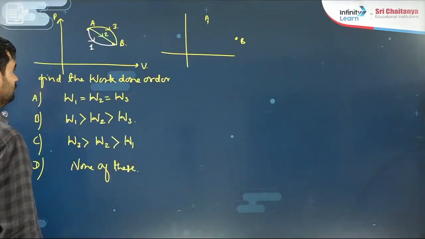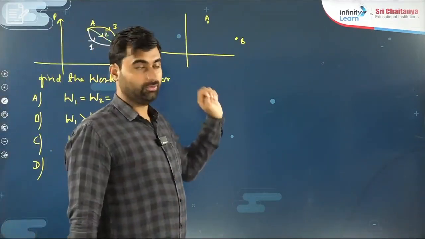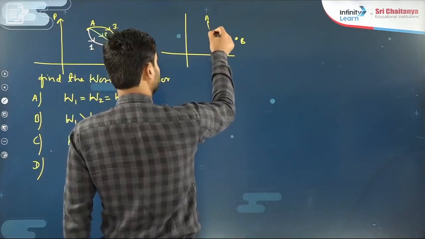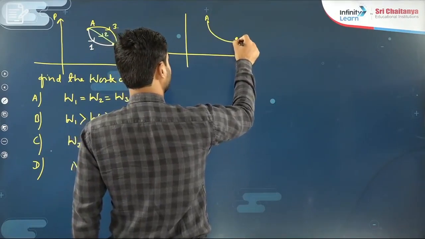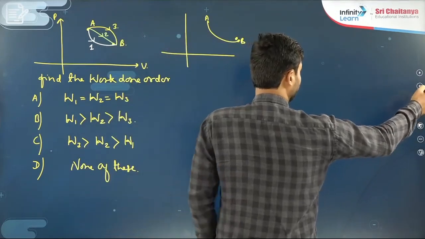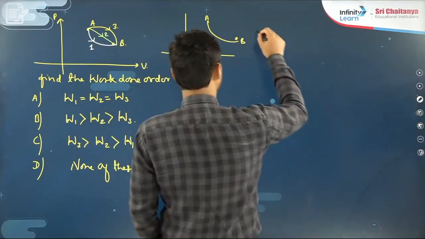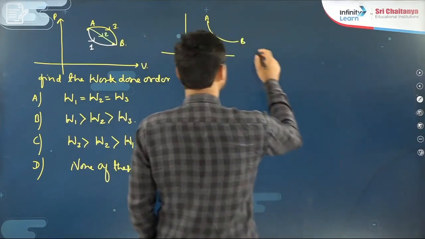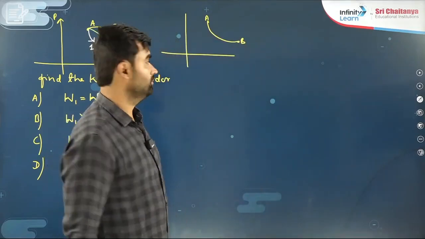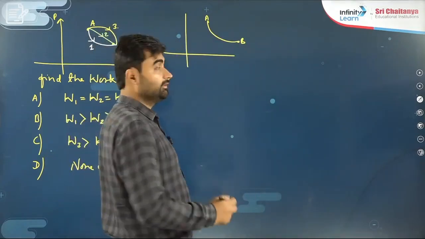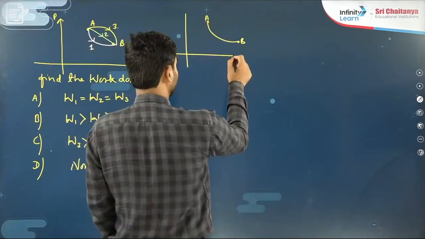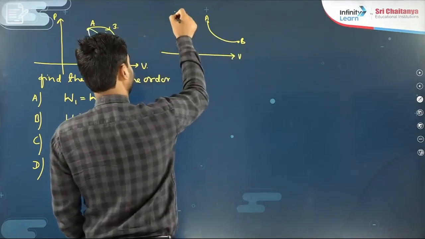So this is not a closed process. If we talk about the first one, it is like this. In this first process, to calculate the total work done, join the initial point and final point with the volume axis. This is the volume axis, this is pressure.